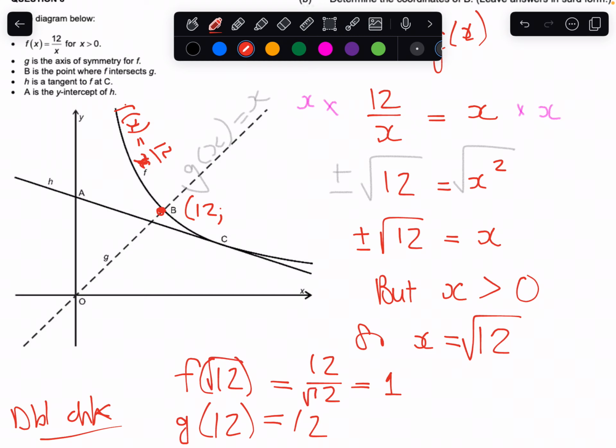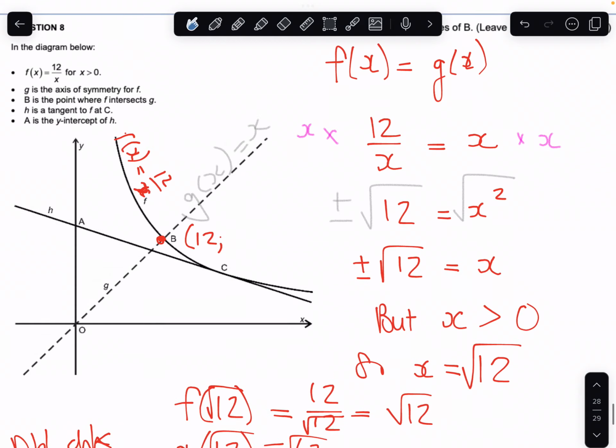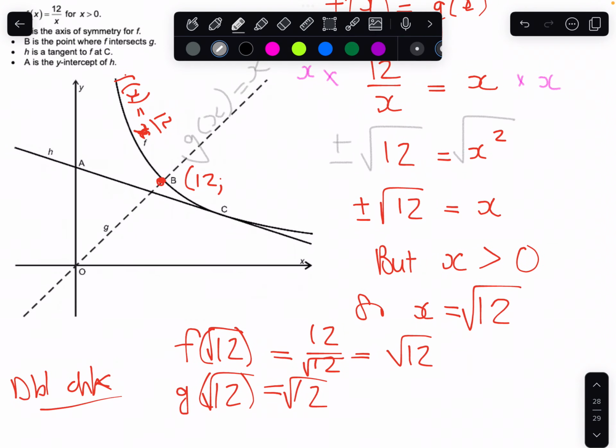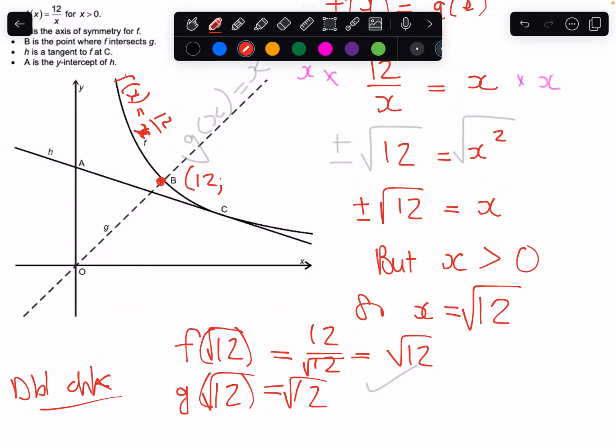So that would be 12 over root 12, which is root 12. If it is not evident from the tone of my voice, today is not a good day for me. But I wanted to record, so here we are. Now we have the same y for both functions. Cool. Another good reason to always double check your answers.